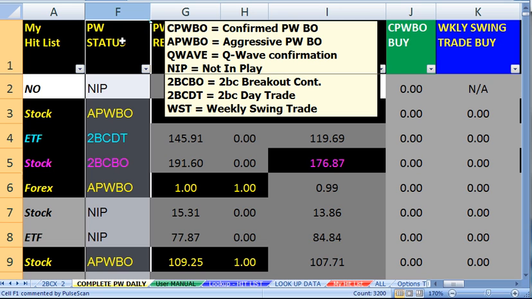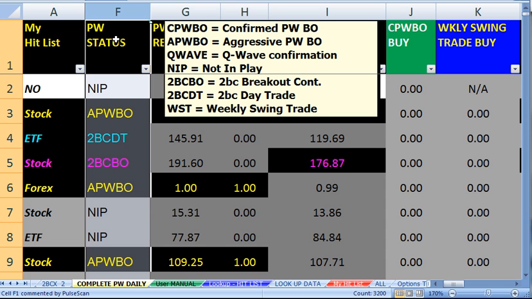Under the status column, there's an embedded note here. If you just scroll over it, put the cursor on top of it, off to the right, it'll give you a breakdown of what each pulse wave status is. The first one is a confirmed pulse wave breakout, which is the best signal. Then after that, the aggressive pulse wave breakout.